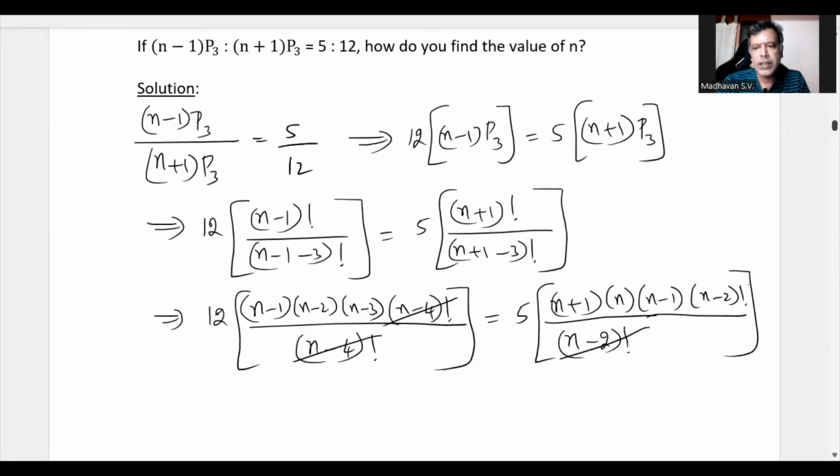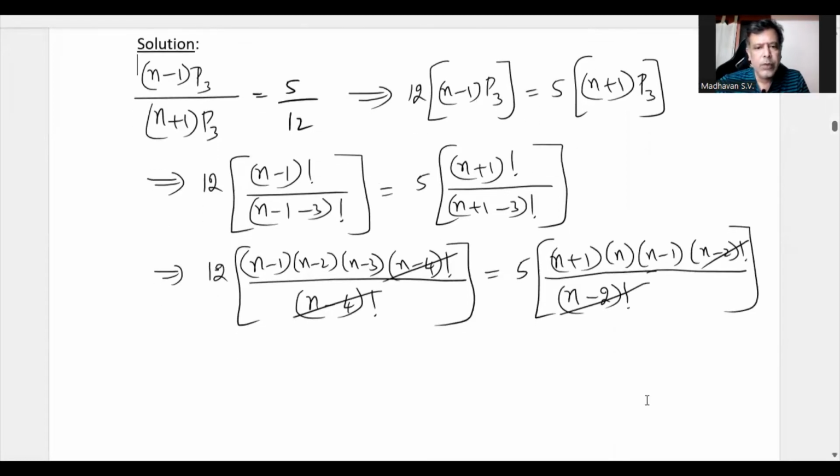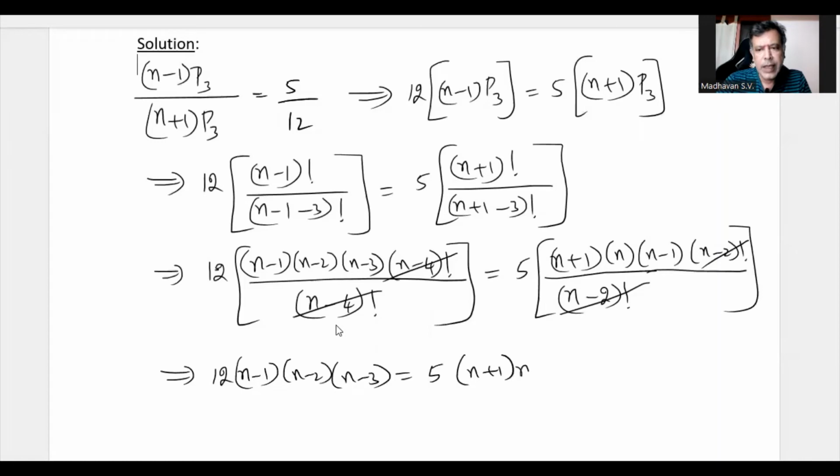Now we can cancel this and this. Now this further can be expanded as 12 times (n-1)(n-2)(n-3) is equal to 5 times (n+1)n(n-1).